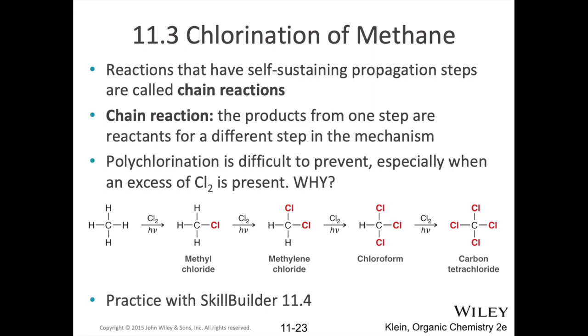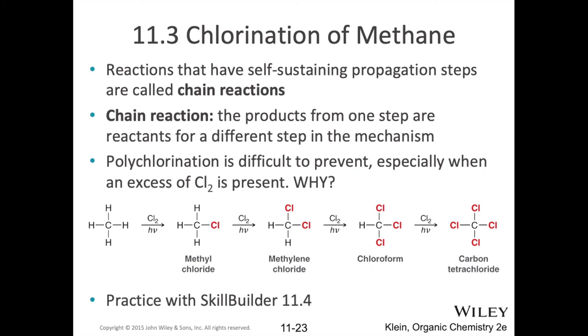All right, so I pointed out earlier that these are chain reactions because you're regenerating the chlorine radical. These two steps in your propagation can just keep on happening over and over again. Now the problem with this, of course, is that it's hard to limit your product to just your methyl chloride.